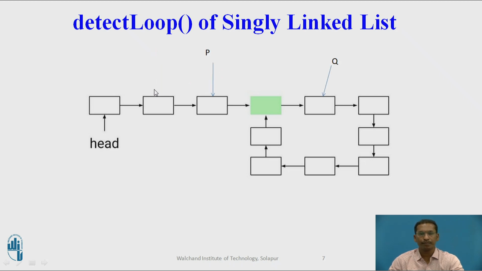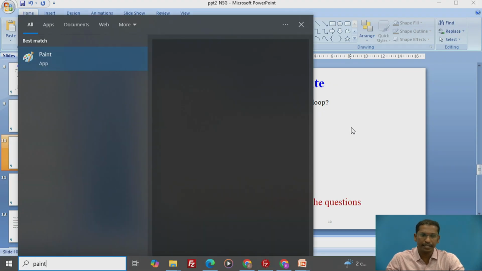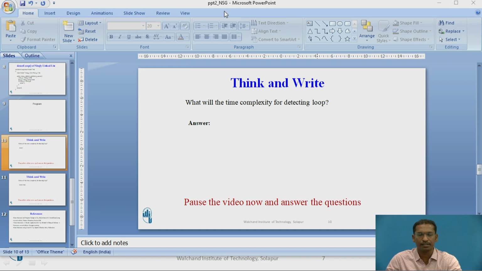In the next step, P will go to the next node and Q will go to the next node like this. Now the same approach will continue. In the next step, P will go to this node and Q will jump to this node like this. We'll see in the diagram whether P and Q meet each other after some traversal.